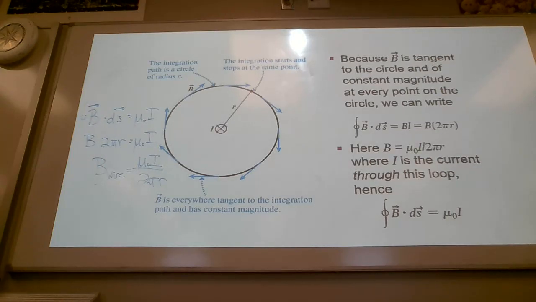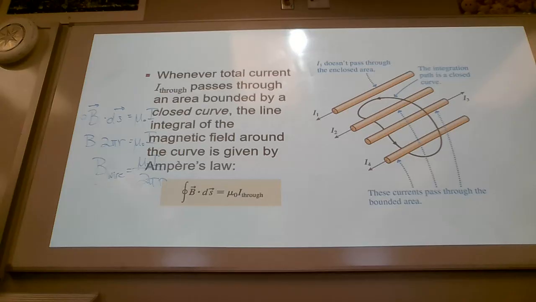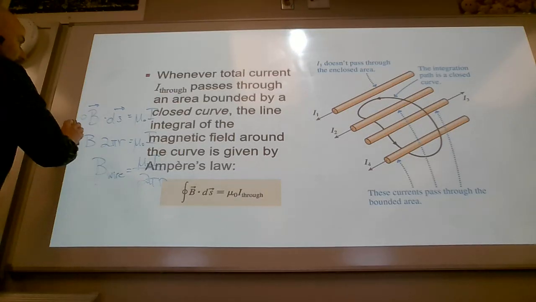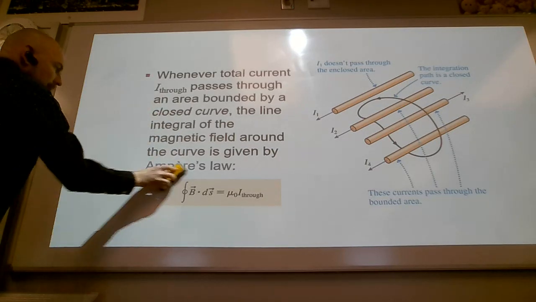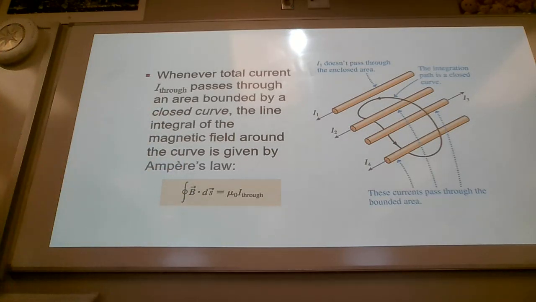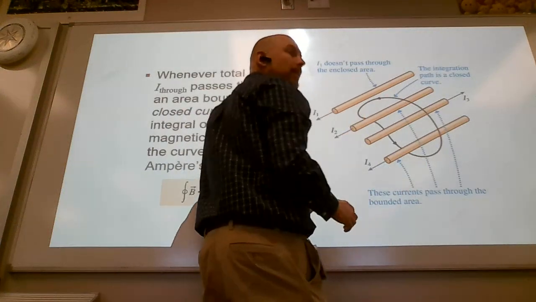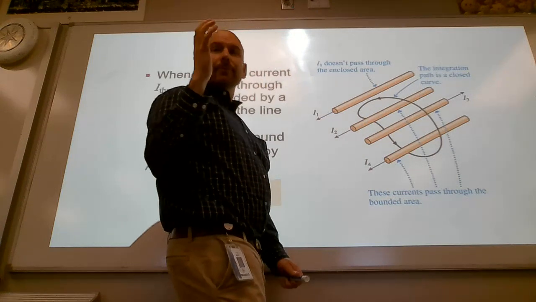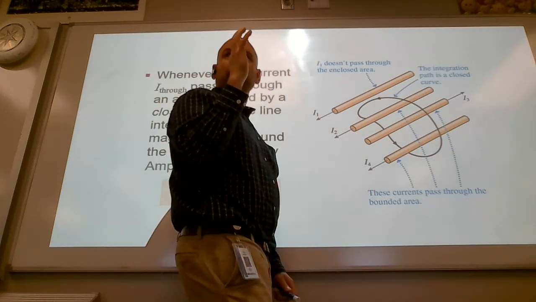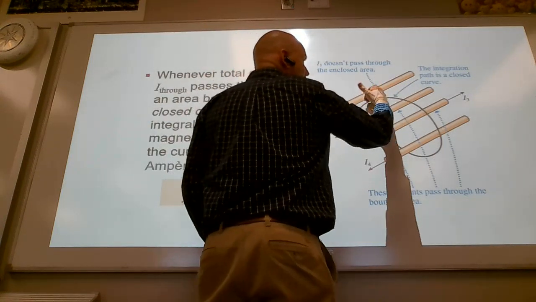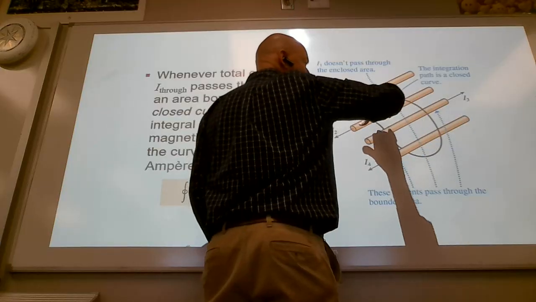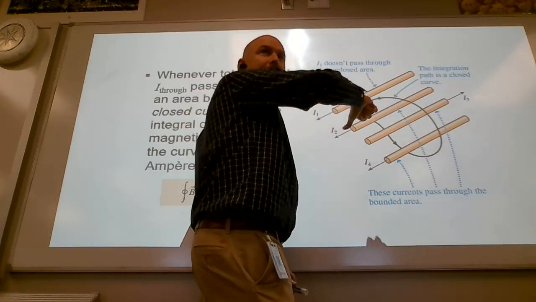All right. So here we've got our Amperian loop. The way that it is positive, you're going to take your alternative right-hand rule and go in the direction that the black loop is going. That's going to be positive.